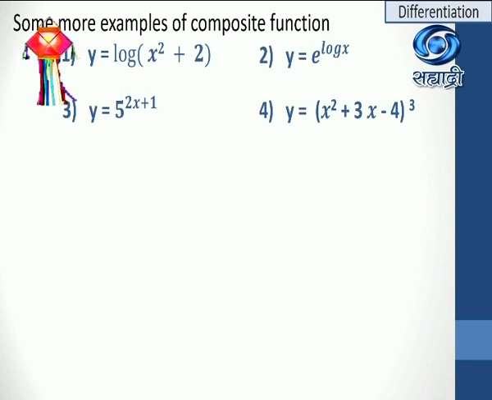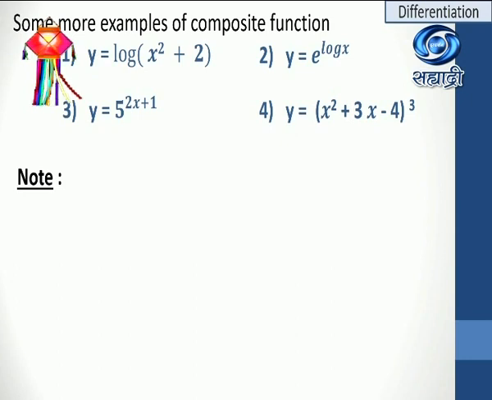Students, if you observe, all these functions are obtained by replacing x in a standard function. Means the first function, y equals log of (x² + 2): we know that the standard function is log x, but instead of x, another function is given, which is x² + 2. Similarly, y equals e^(log x): we know that e^x is the standard function, but in place of x, log x is given.